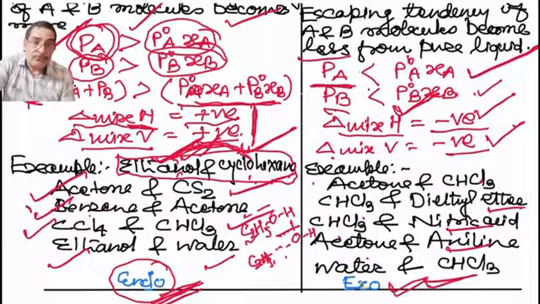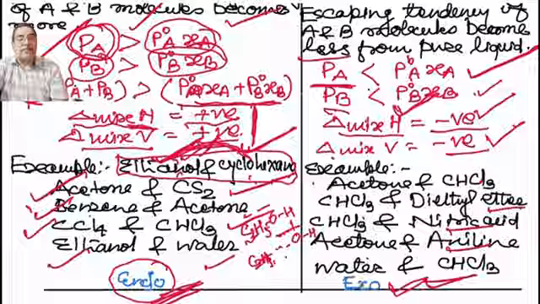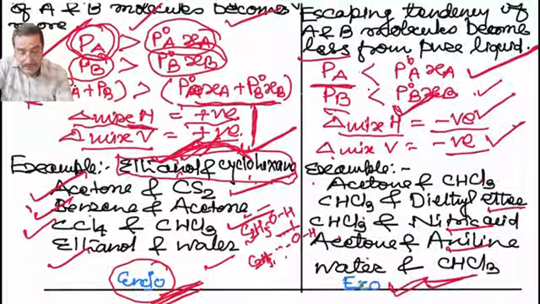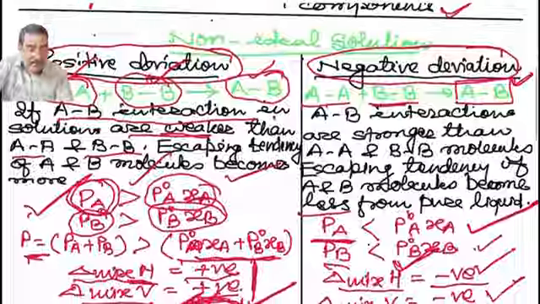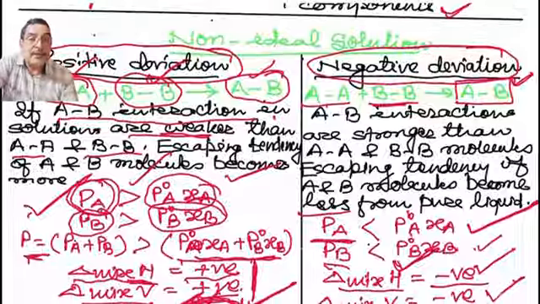So a non-ideal solution shows two conditions, one is positive deviation and the other is negative deviation.